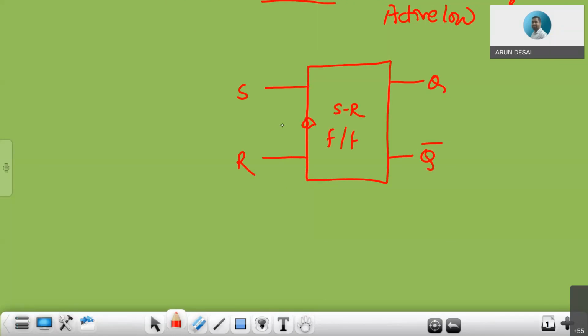Now this is the clock input, again PR, preset, and CR, or clear. So this is how the symbol looks for an SR flip flop, or clocked SR flip flop, or SR flip flop with preset and clear input, right?